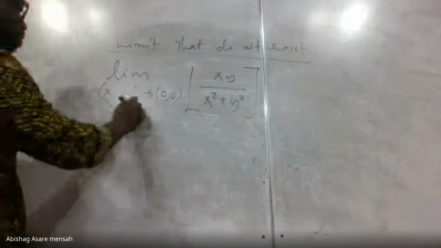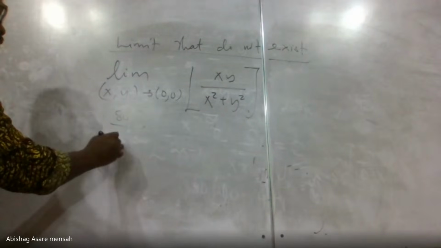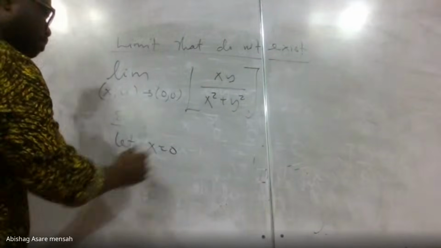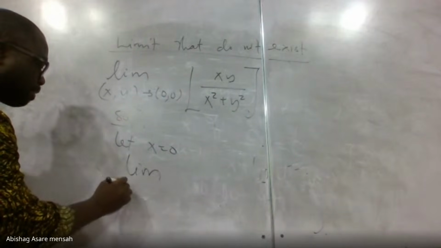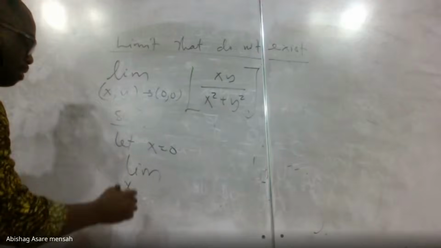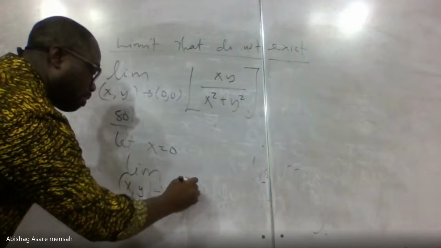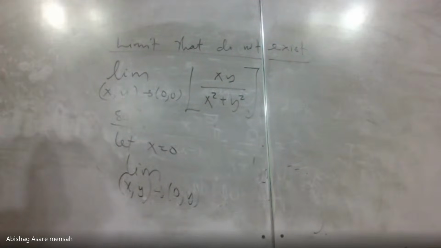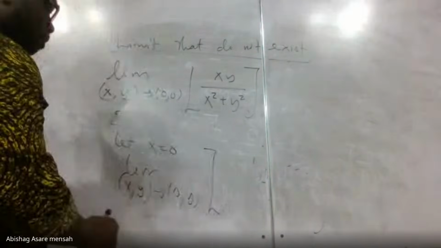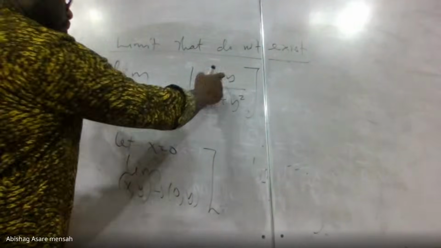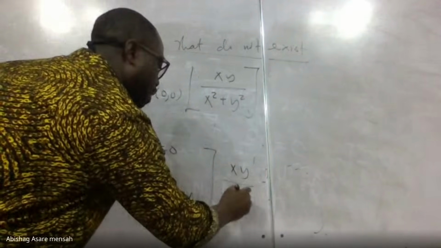So, solution. Let x equal to 0. That means I find the limit as x, y approaches, so this will be 0. I still maintain my y. The limit of xy over x squared plus y squared.